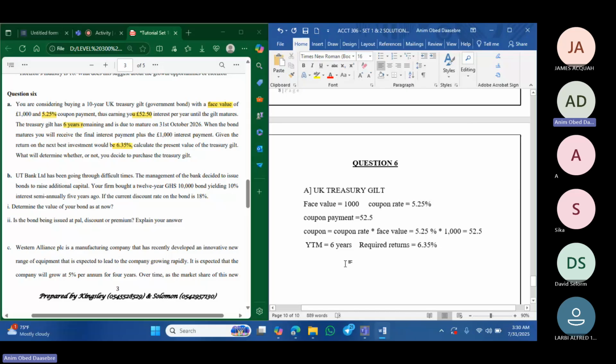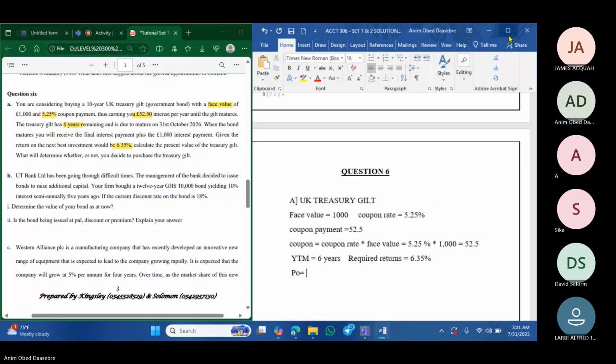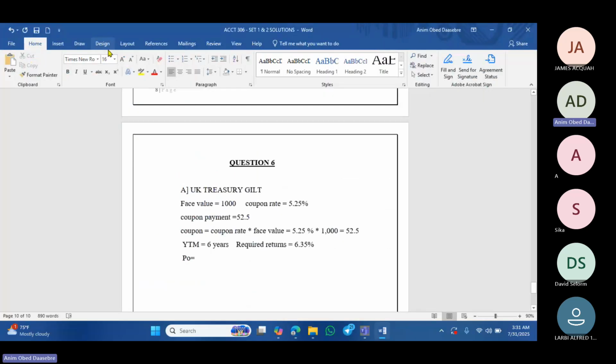The annuity is for the coupon payments, and the present value of a single amount is for the last payment that will be made at the maturity point. So for that, we are going to use this formula.